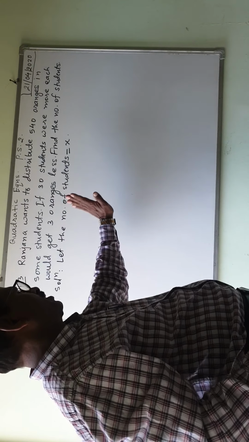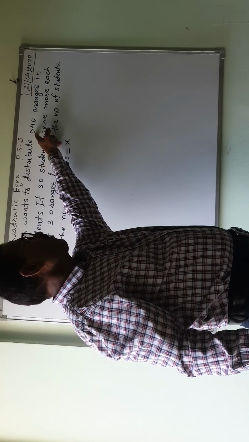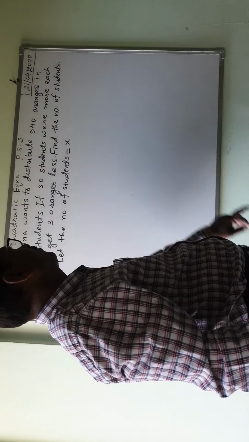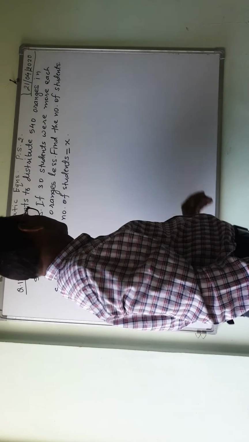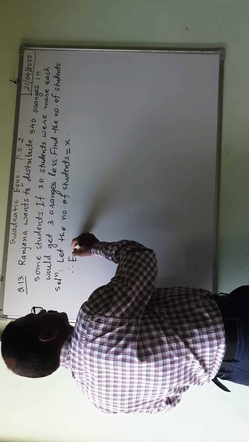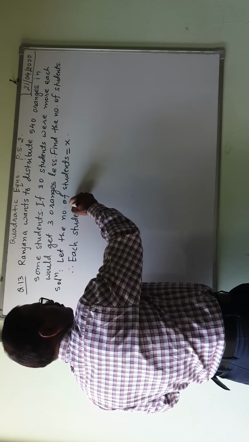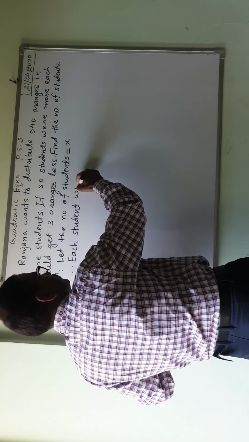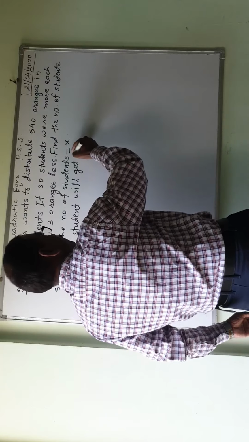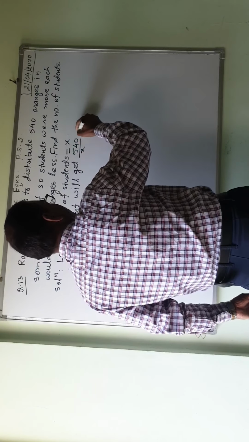Now if the original number of students is x, dividing 540 oranges among these x students, each will get 540 upon x. Therefore, each student will get 540 upon x oranges.